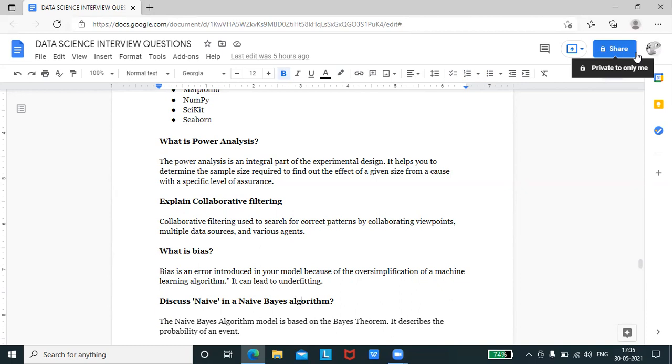So we have different types of bias, and we have to understand what the types of bias are and what the sources of bias are.